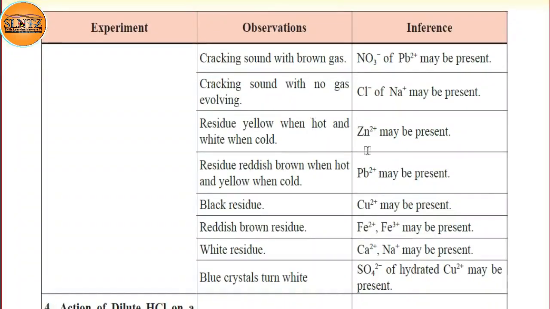We are going to get a residue yellow when hot, and white when cold, represented by zinc. So when you heat a zinc compound, we get yellow when hot, and then when it is cold, it changes from yellow to white. So this is the observation: yellow residue when hot, and white when cold, and zinc may be present.